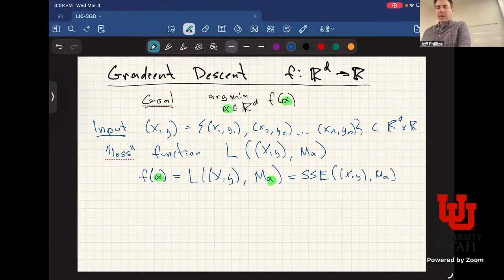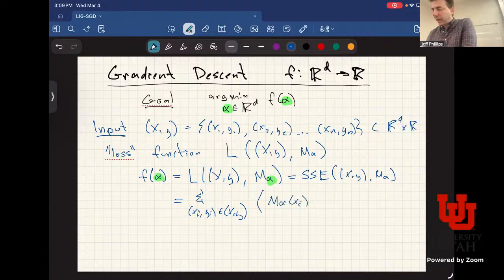Okay, so that means our loss function f is going to look like a sum over (xi, yi) in this data set of the model's prediction at xi minus yi, squared.